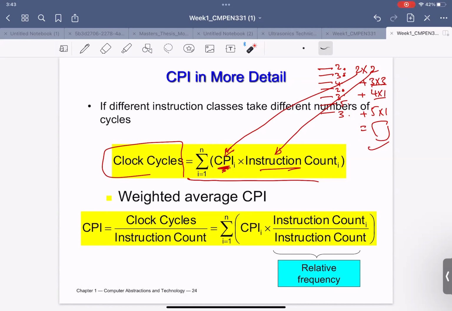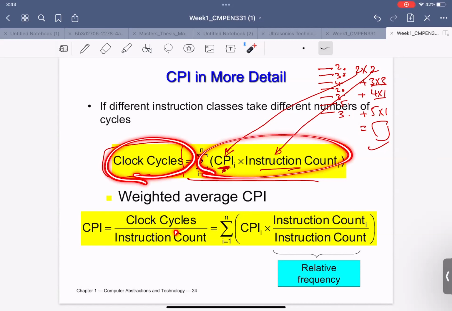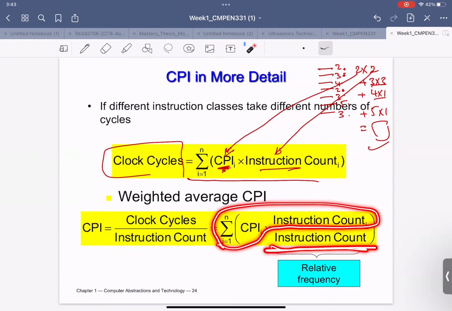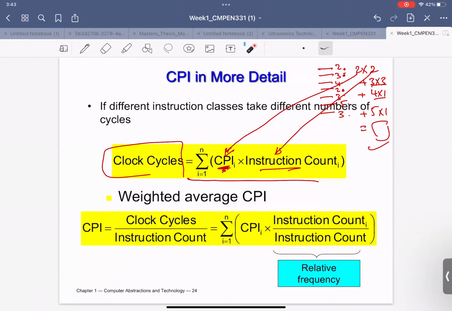And this is what we have here: the clock cycles that we mentioned, divided by the total number of instructions. Please note that this has I, this has I, this has I, because it differs from line to line. But in this case, the instruction count is just the total number. It does not have I. It is just the known total number in this particular case.